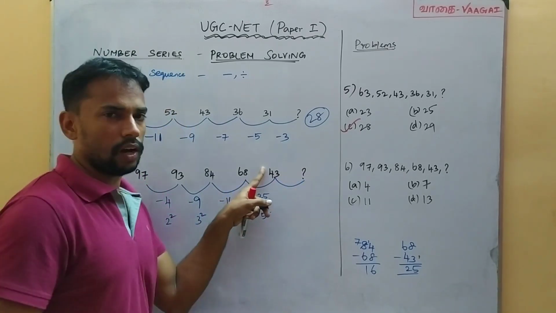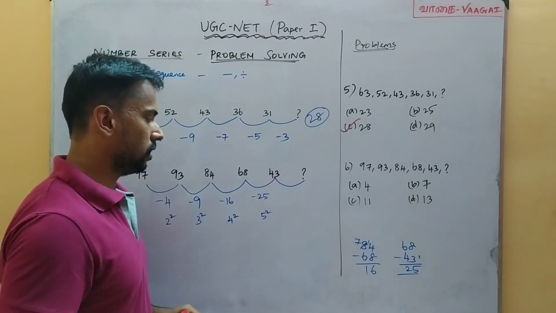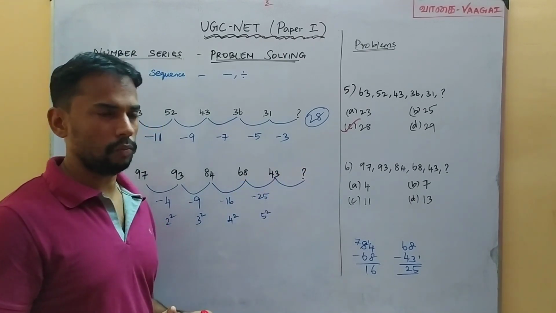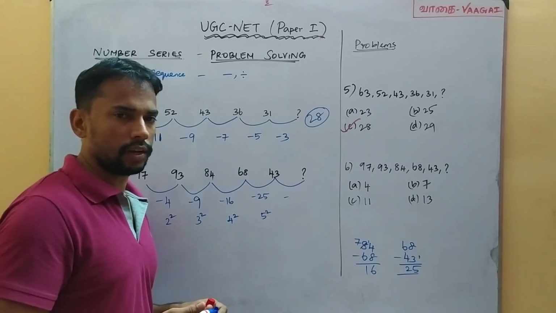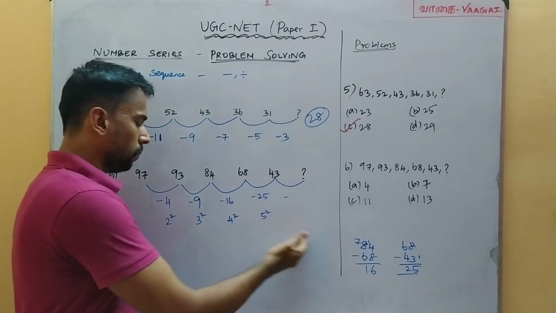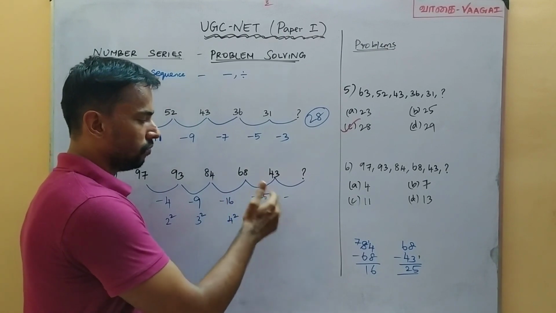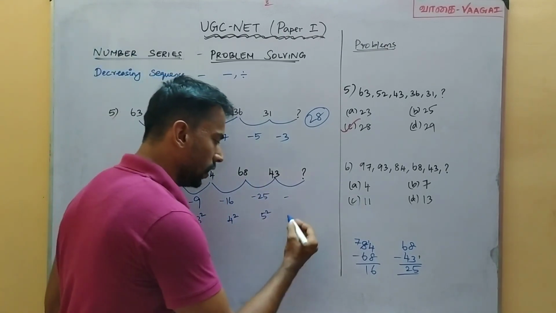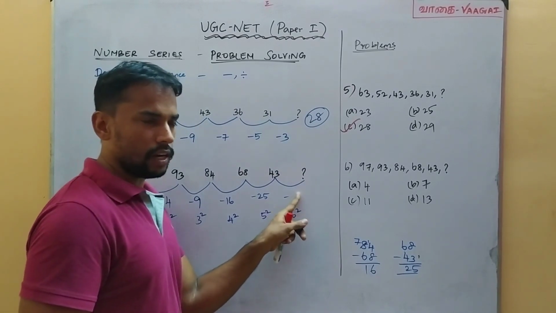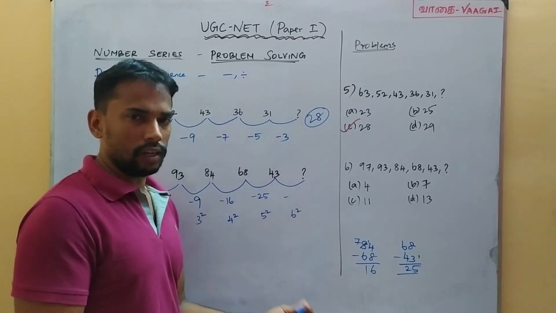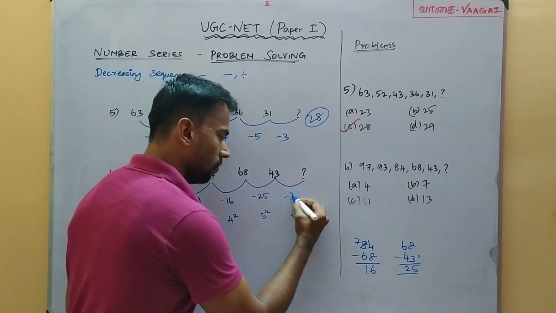So we are left with 43, that is our last term, and we need to find the next term. For that we need to subtract some number. So think of what number will be coming here. Continue the pattern: 2 square, 3 square, 4 square, 5 square, and obviously we need to have 6 square here. That means we need to subtract 6 square here, right? 6 square is nothing but 36. 6 6s are 36, we know that very well.